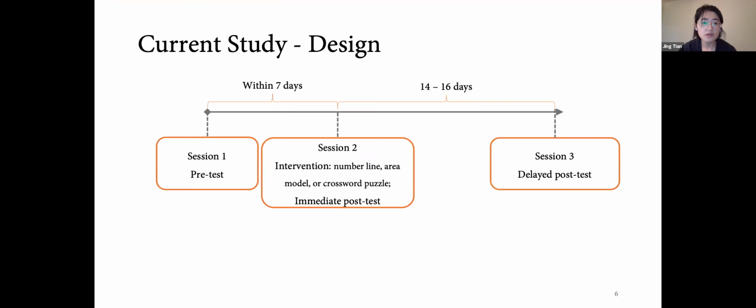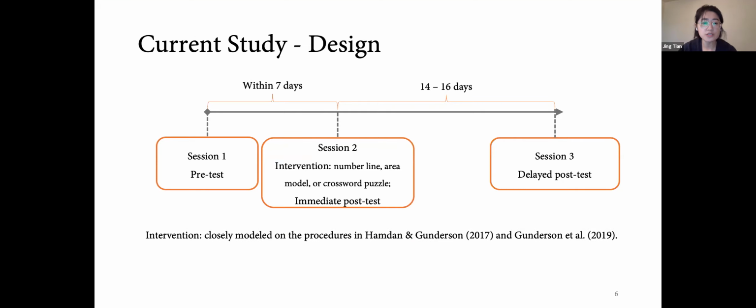fractions. In this current study, we administered 3 sessions. In session 1, children completed a pre-test on fraction knowledge, which I will describe in more details later. In session 2, we administered the intervention, which was closely modeled on the procedures in the 2 prior studies that showed the effects of children's learning on proper fractions.